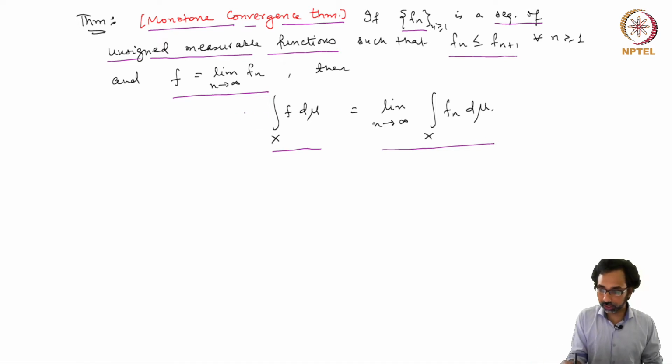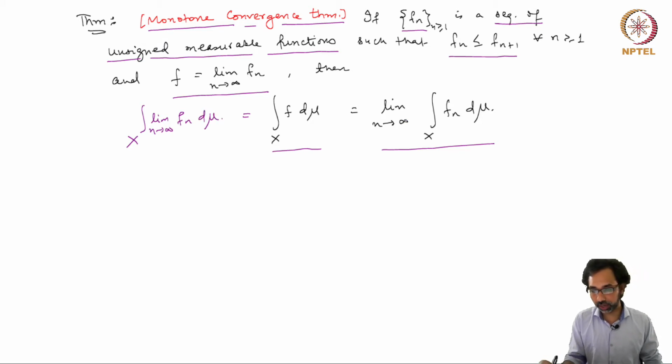So note that on the left hand side we have the integral of the limit n tends to infinity Fn d mu, and on the right hand side we have the limit n tends to infinity integral Fn d mu.